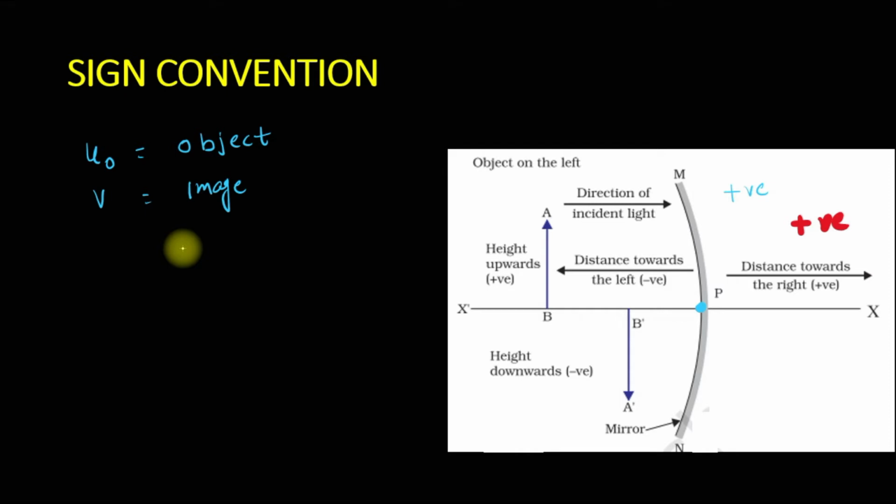So the sign of the image distance is taken as positive or negative as per the convention of the New Cartesian system. So we have focal distance, we have radius of curvature, and we have magnification. The sign of magnification also tells about the nature of the image. Okay, so these are the sign conventions.